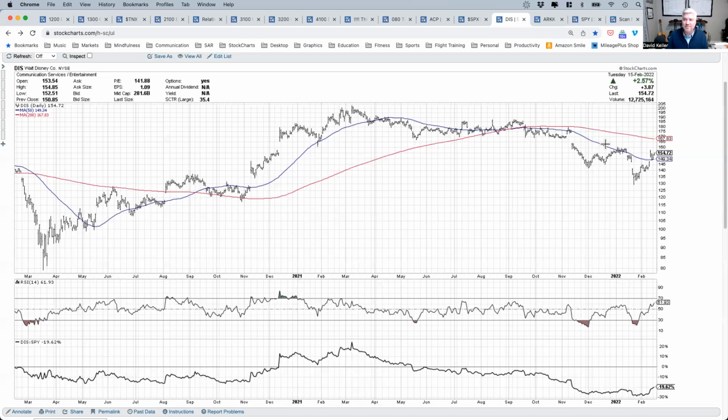Now we've made a pattern of lower lows and lower highs. That's why I would argue this chart right now is a crucial one as a trend follower, because I've been talking about the downtrend in Disney for quite some time. Recognize the fact that we stopped making new highs, a breakdown of the 50-day, breakdown of the 200-day, breakdown of support after failing to eclipse previous resistance.